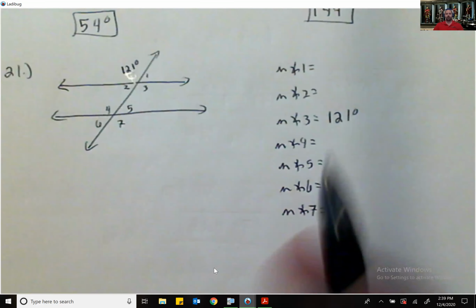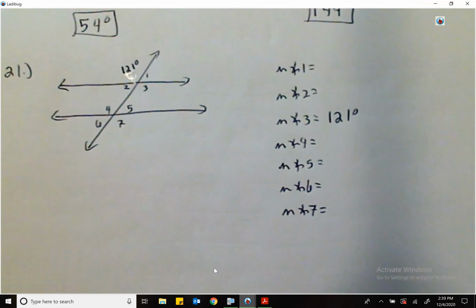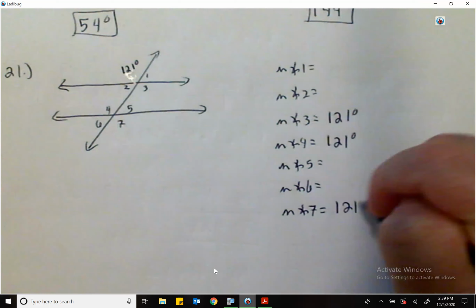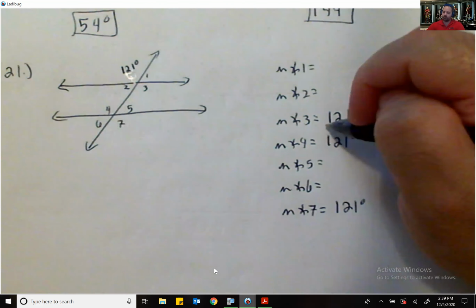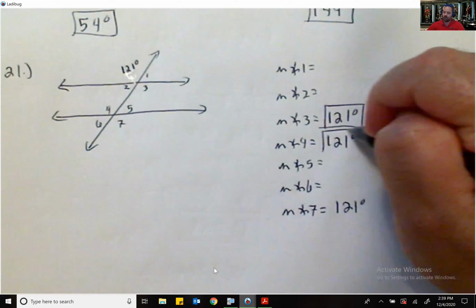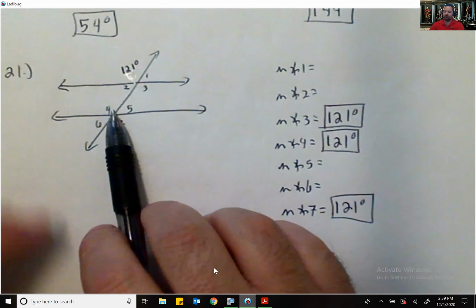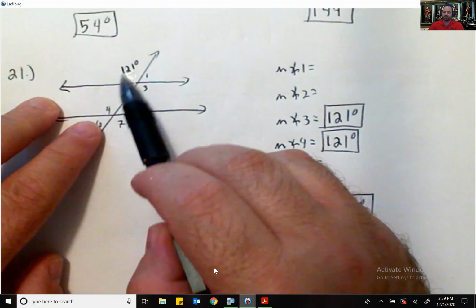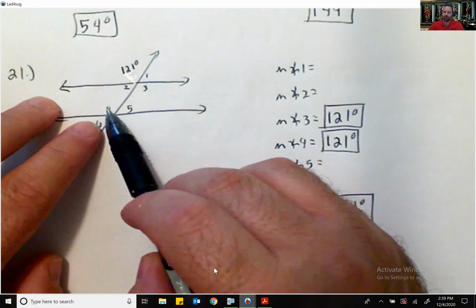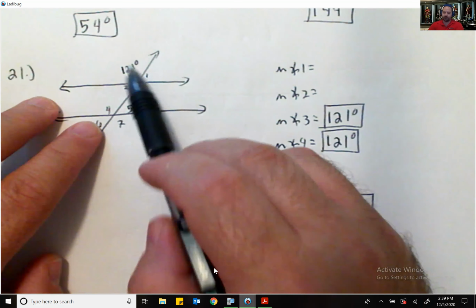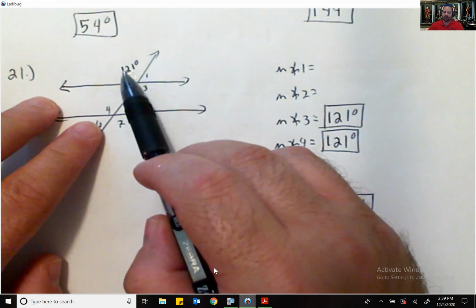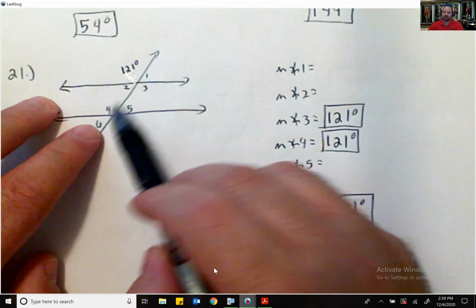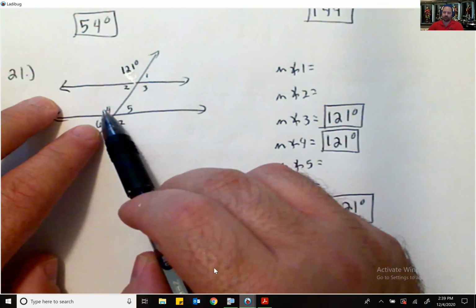Who else is 121? 4 and 7. So 4 and 7 are also 121. Let's talk about why we know those. The reason we know 4 is one of 2 reasons. These two are corresponding, because they're in the top left. Corresponding means they're in the same position. Or these are alternate interior, because we knew this was 121.